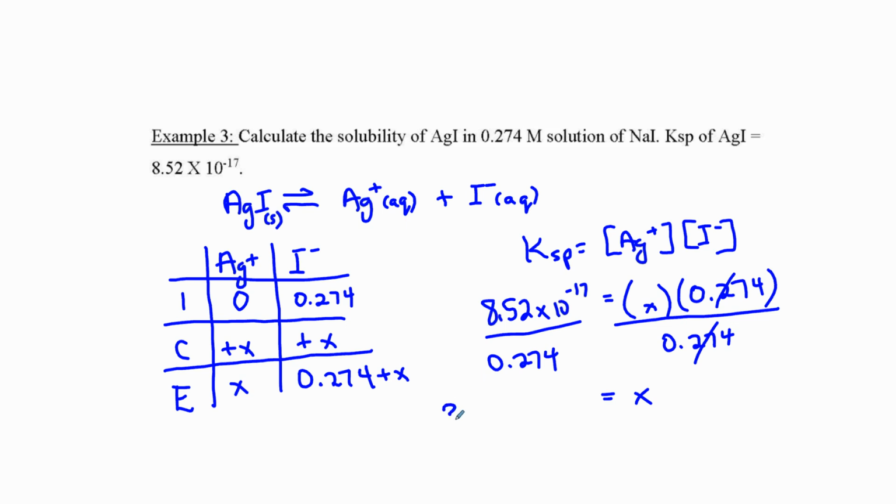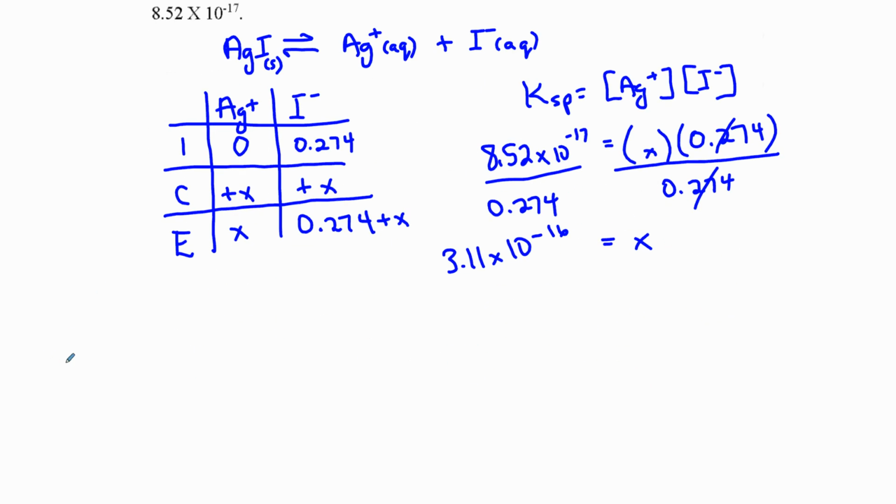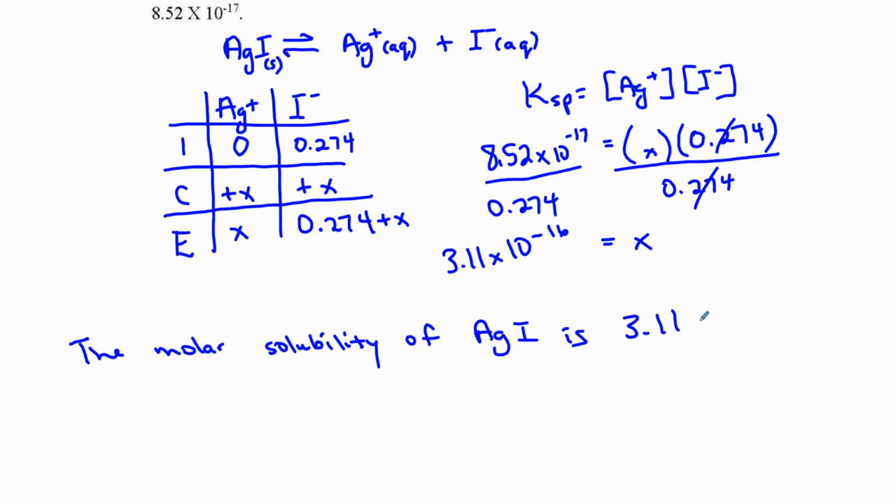So that equals 3.11 times 10 to the negative 16. So the solubility then is, if X is equal to this, then it's also equal to the solubility of silver iodide. So the molar solubility of silver iodide is 3.11 times 10 to the negative 16 moles per liter.